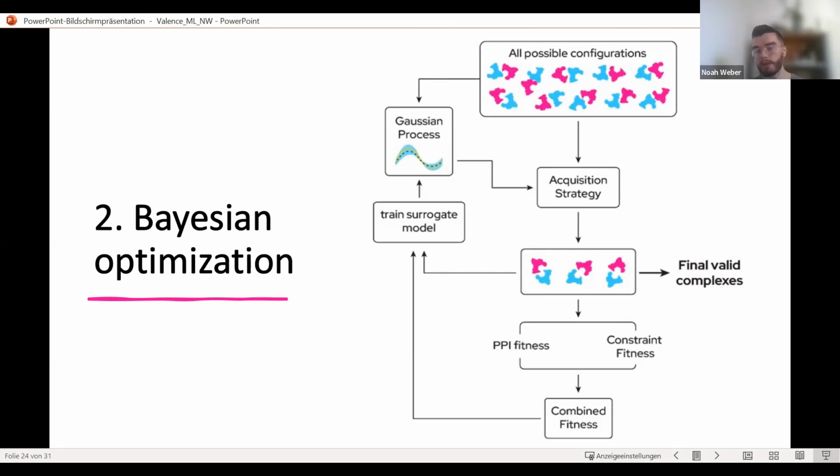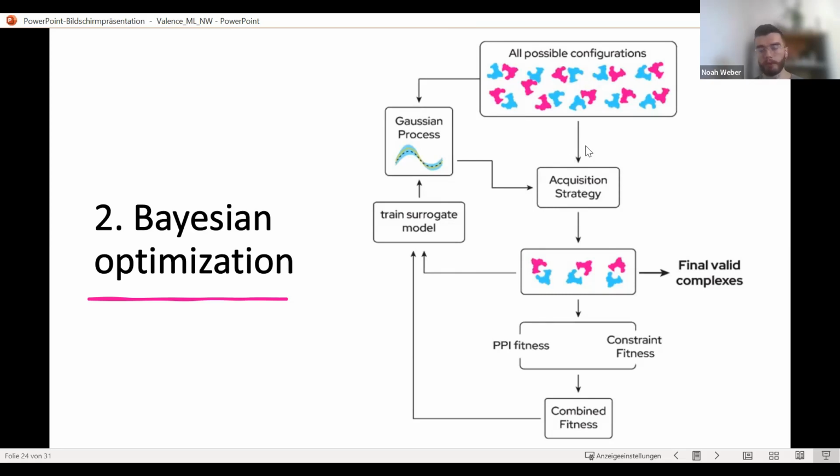omnipresent and used in these scenarios, but we obviously evaluated it for our use cases, and we saw that this is exactly what allows us, very sample efficiently, to determine after approximately 2,000 to 3,000 iterations what constitutes a stable ternary complex and so on. And this is exactly how this loop goes. So we start with a couple, we determine the objective function, we train the surrogate model, then we explore a couple of other parts of the space.